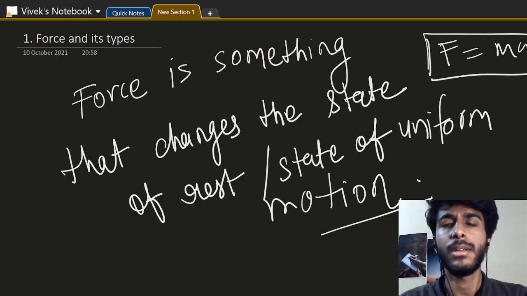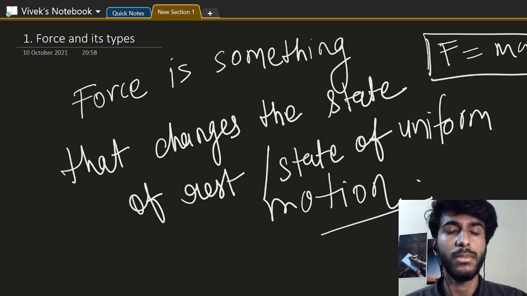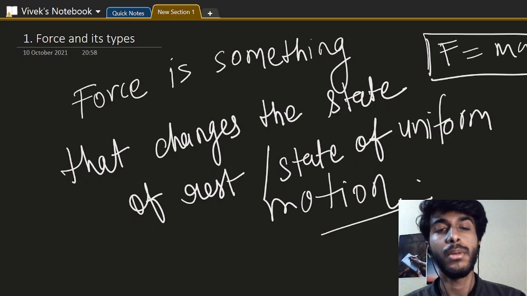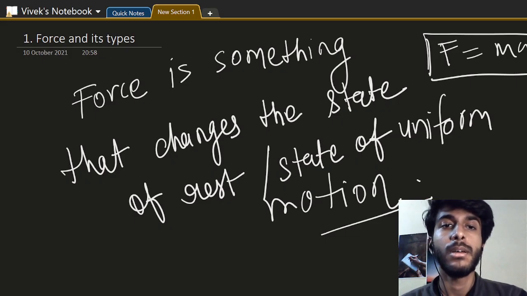We will understand further how it is equal to ma. But for now, we understand only that the kick was something we call a force, because the football was initially at rest and it started to gain some acceleration.